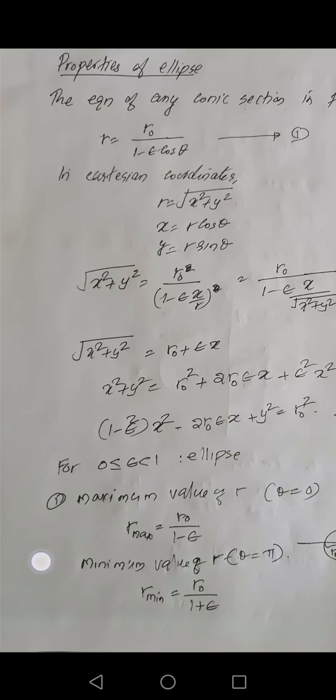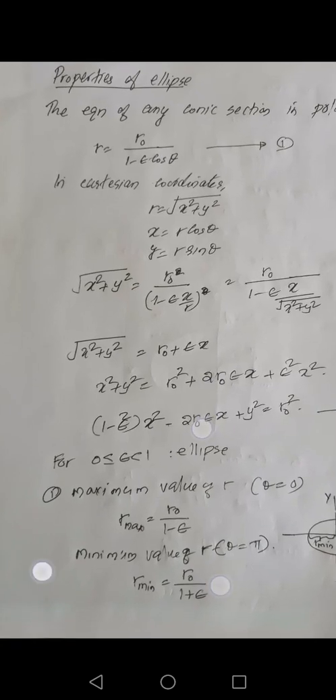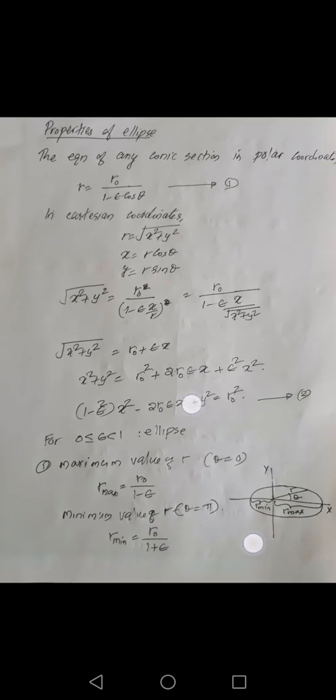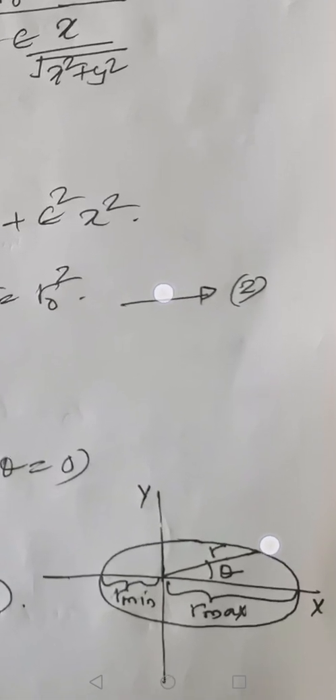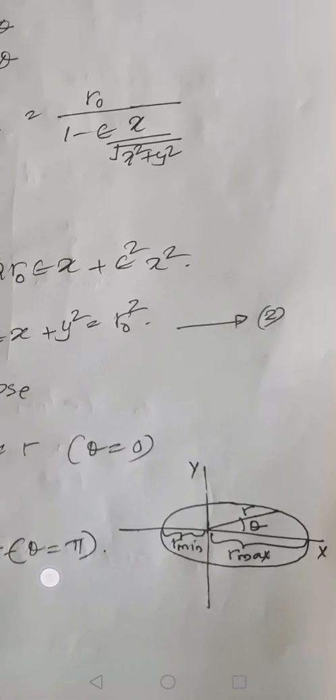And the minimum value occurs for cos theta equal to minus 1, that is theta equal to pi. That is, r minimum is equal to r0 / (1 plus epsilon). This is the graph that you have to remember. This is r minimum, this is r maximum, this is theta, this is r, and these are the x and y coordinates.